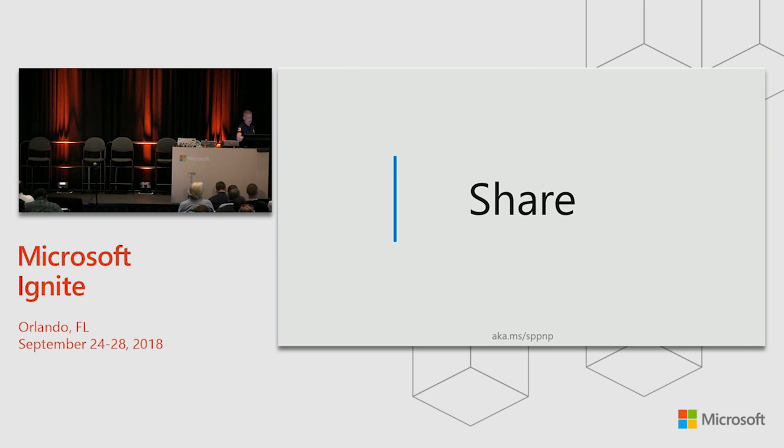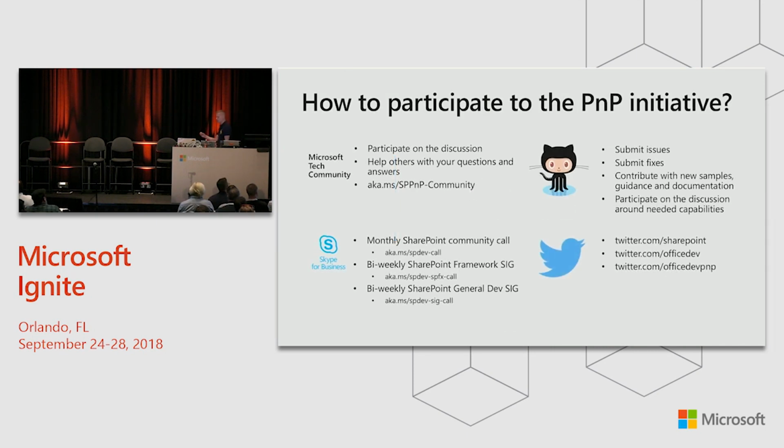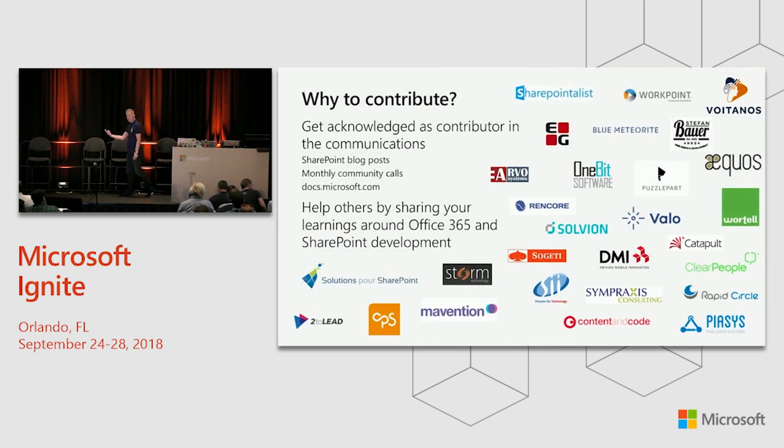Now, I'm going to jump to the main section around the share, which was the last piece. And I'm going to jump directly a few slides. So obviously, we have instructions on how to get started on how to participate in PnP. There's a lot of companies who've been closely involved in the PnP within the last year. One of the reasons why companies and their employees will actually contribute is that the companies will get acknowledged. And quite often, we get the feedback that the developers love the fact that they are allowed to contribute in open source.